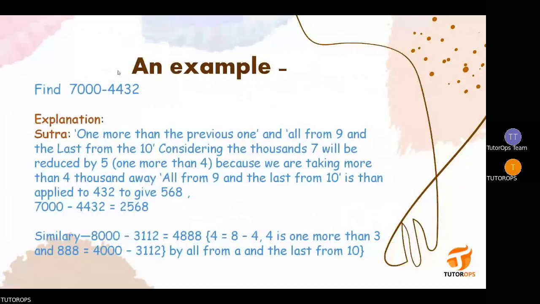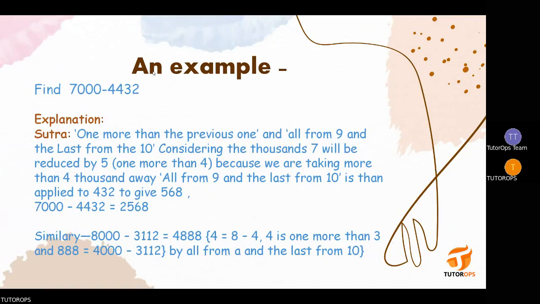Again, when we take more than 4 units, that results in a number which is surely less than 3 units and surely greater than 2 units, so the first digit will be 2. And 4 will be considered as 5. So the first number will be 2.